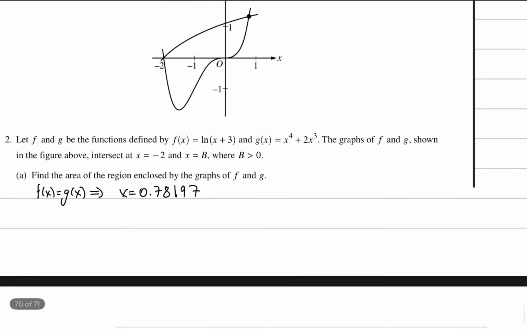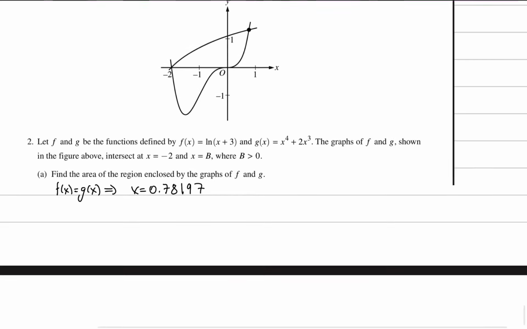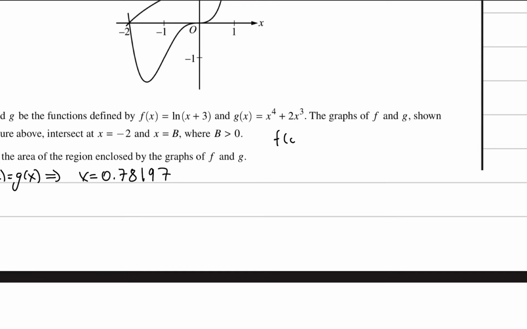If you want to find the area of the region enclosed, we can take vertical lengths. You want to look at which one's above. I'm just going to take a test value, 0. F of 0 compared to g of 0: f of 0 is obviously 1 point something, and g of 0 is just 0.